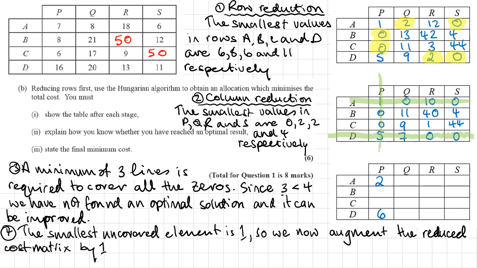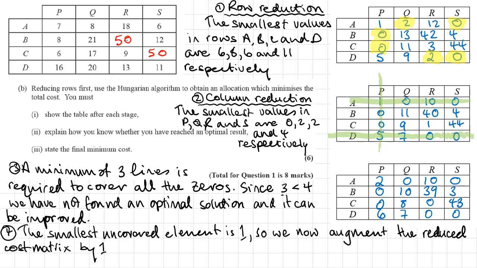Any elements that are just covered by 1 line remain the same. So the 0, 10 and 0 on the top line remain the same, and the 7, 0, 0 on the bottom remain the same, and the 0, 0 in the first column remain the same. And then any uncovered elements get reduced by 1. So 11 will become 10, 40, 39, 4, 3, 9, 8, 1, 0, and 44, 43.